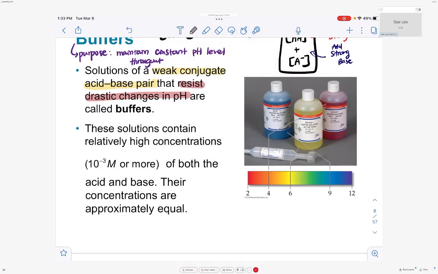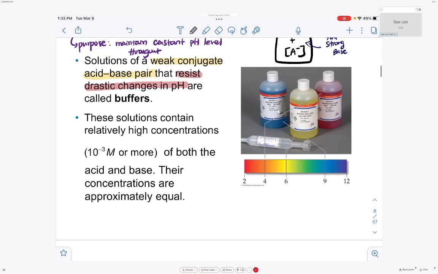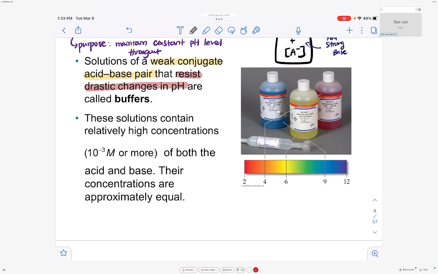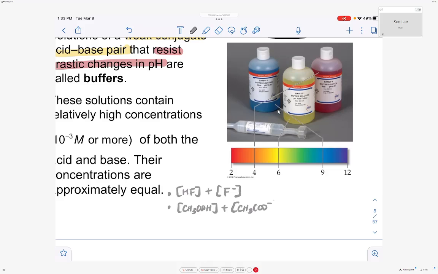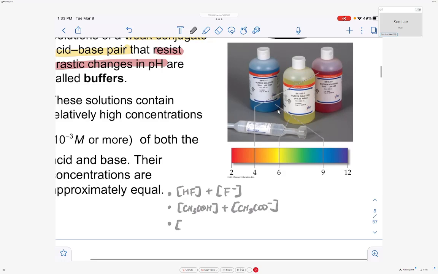Example of a buffer: a mixture of a weak conjugate acid-base pair.